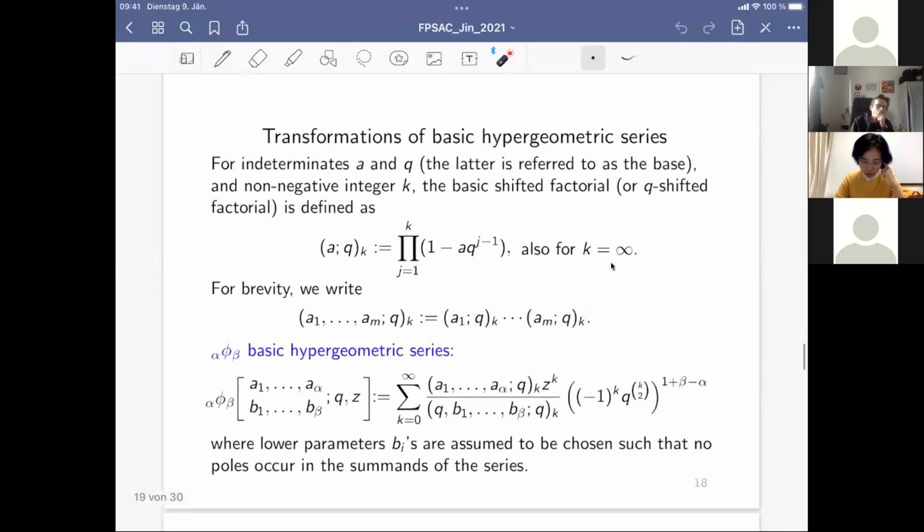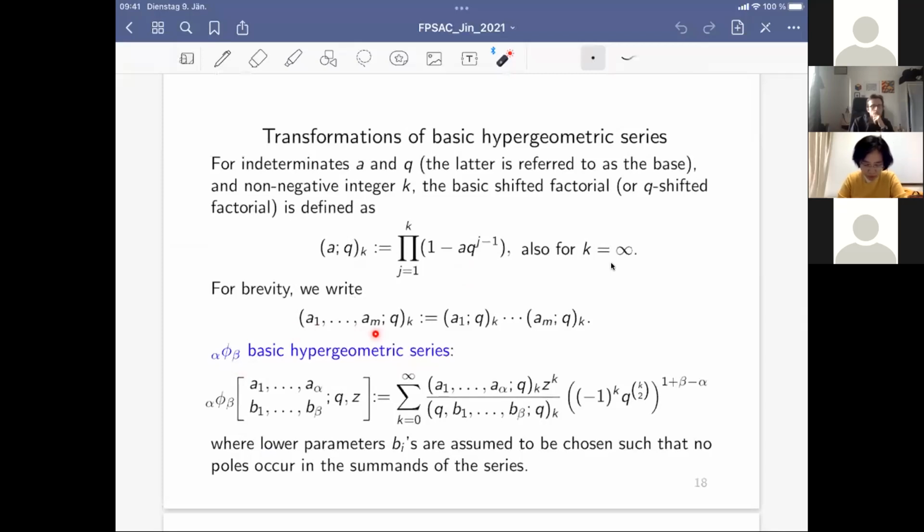So what are the alpha phi beta basic hypergeometric series? For indeterminates A and Q, this notation you have seen on the first page when I introduced the Rogers-Fine identity. It is a product that equals 1 minus A, times 1 minus AQ, and so on.